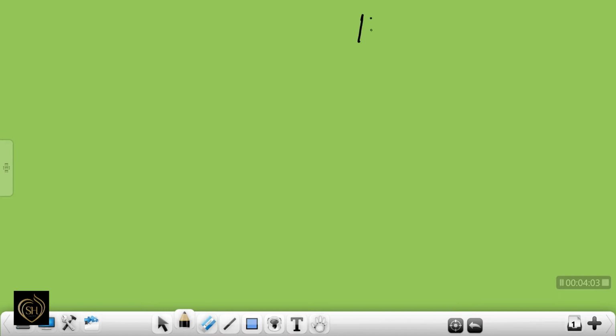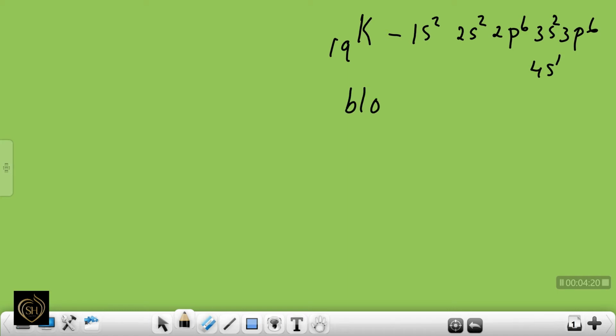Then potassium 19. You know how to write the electronic configuration, no? 1s2, 2s2, 2p6, 3s2, 3p6, 4s1. So the last electron is entered in the 4s subshell.